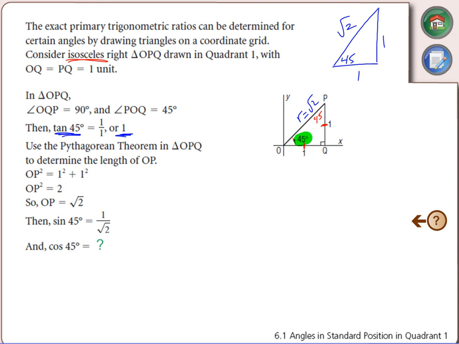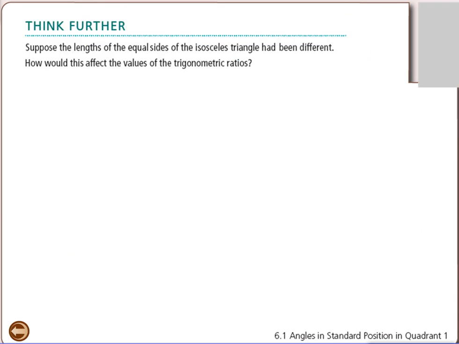Cosine is the adjacent over the hypotenuse, and it's also going to be 1 divided by the square root of 2. And we leave it as such, not taking it to a decimal. We can just say the sine of 45 is exactly 1 over root 2. We'll come back to that a lot as we're going through.